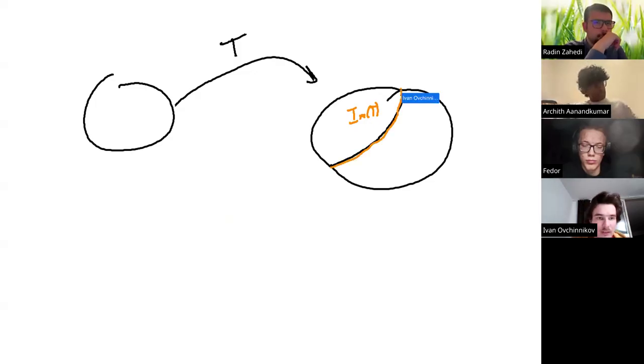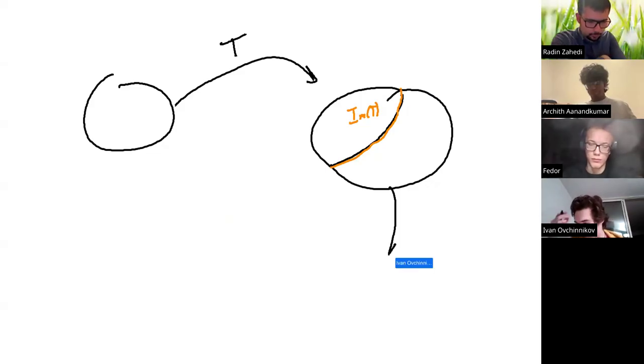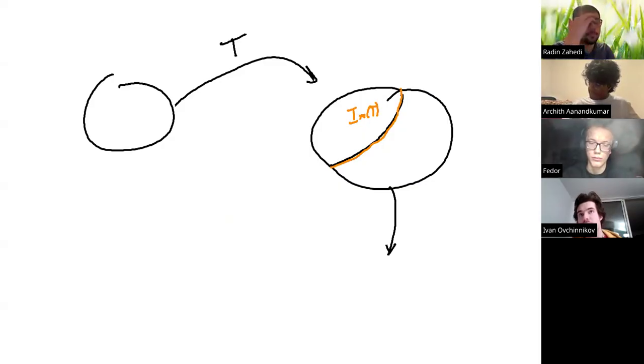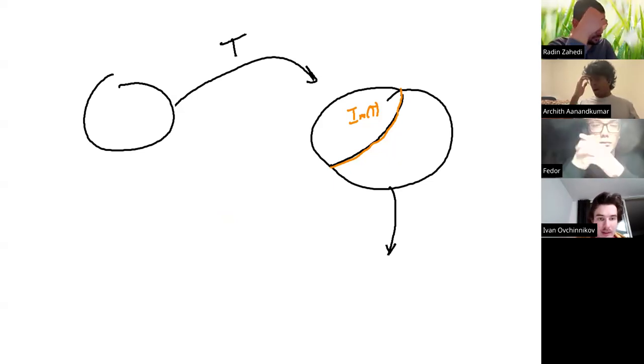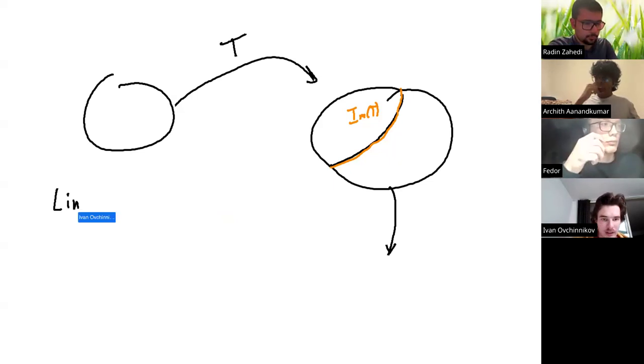Do you agree? So then, what we want to look at now is which linear functionals get sent to something non-zero. Right? So we know that linear functionals which have their kernels contain the image of T. I'll write it down like this.